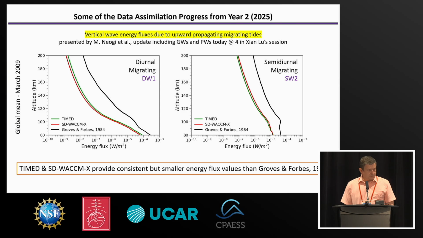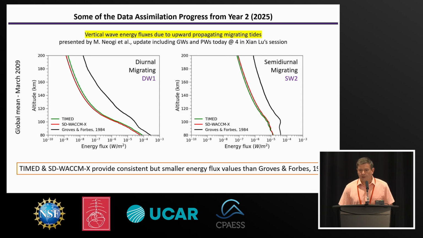We also used, or there was also a slightly different approach to data assimilation, basically constraining an empirical model with observations from the TIMED satellite and then comparing it to general circulation model simulations, with particular emphasis on the energy flux that comes from atmospheric tides from the lower atmosphere into the upper atmosphere.